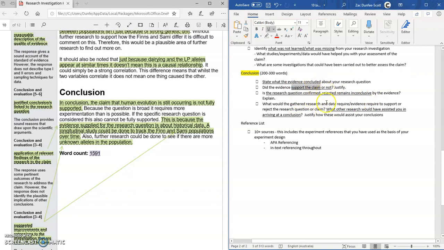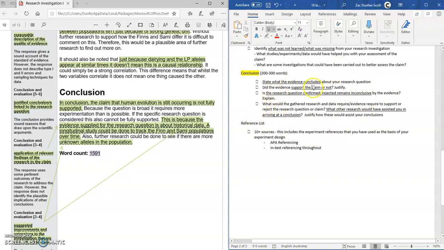You're telling me if you found the evidence to support the claim to be true or not true or inconclusive. So an example for this, if you're doing humans can control evolution more effectively than nature, you can say, based off the evidence, we can say that yes, we can. Based on the evidence, we can say that no, we can't.